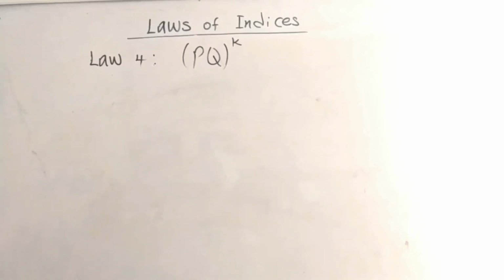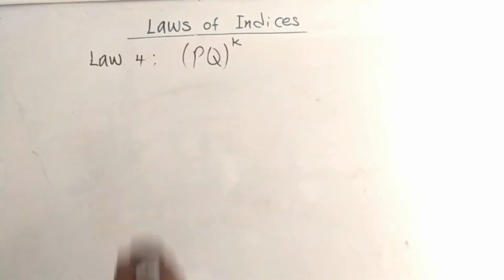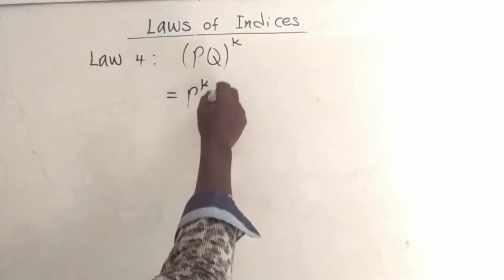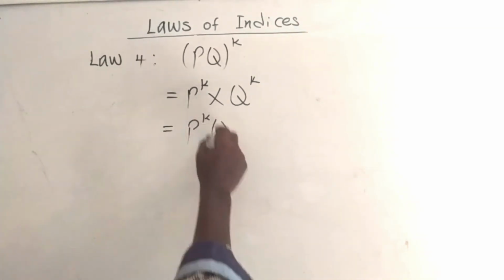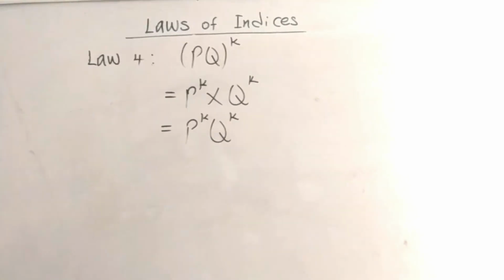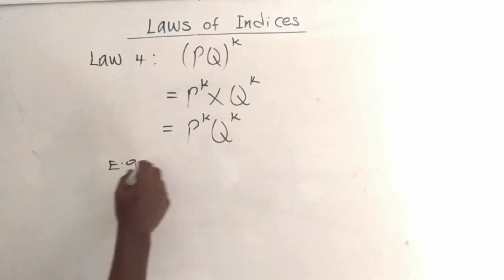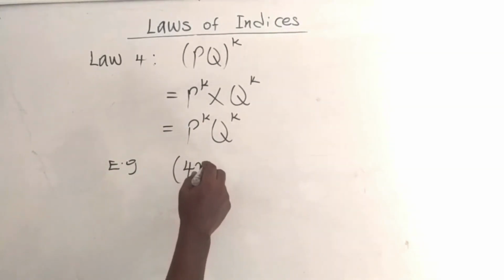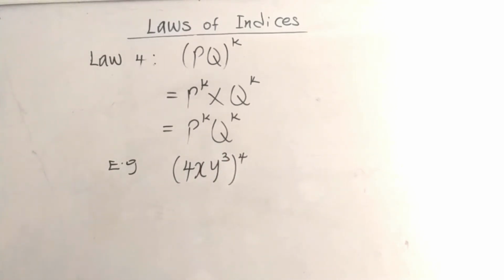Law 4. pq all raised to the power k. If we open the bracket, we are going to have p raised to the power k multiplied by q raised to the power k. For example, 4xy raised to the power 3, all raised to the power 4.